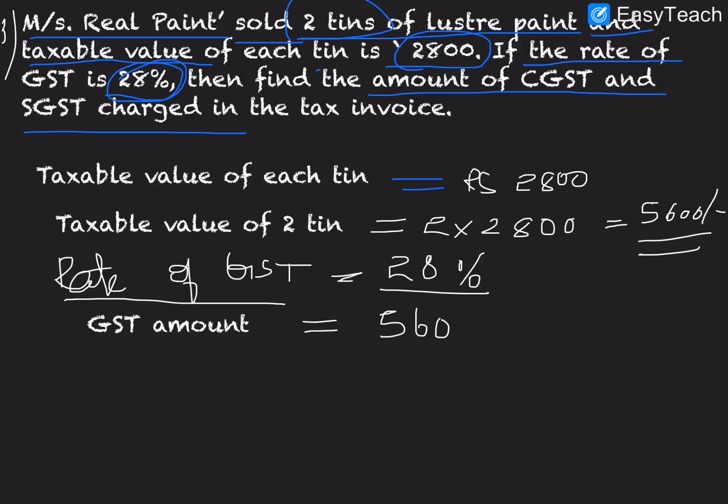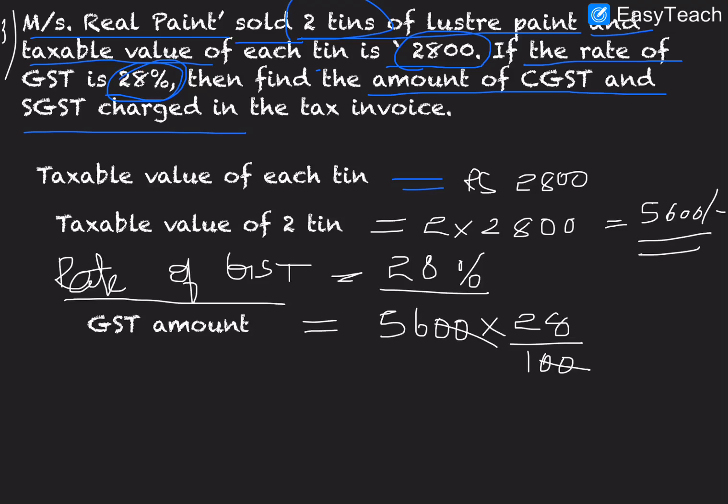For that, how will we find? The amount is 5,600. Of this we have to find 28%. Since it is a percentage, we will divide 28 by 100. So 5,600 into 28 by 100.